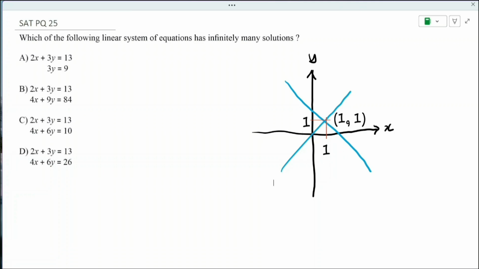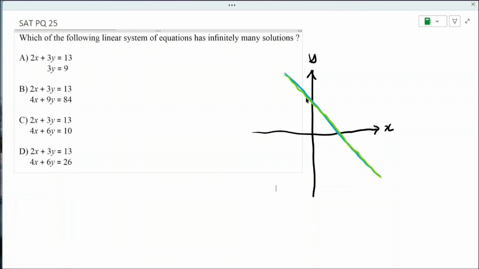Hope you understand. Now, going back to the question, infinitely many solutions. That means you have non-ending solutions. Imagine you have this as the first line. Then the second line, rather than cross it, is on that same line. So you have a second line on the first line. In this case, you have the two lines touching all through.